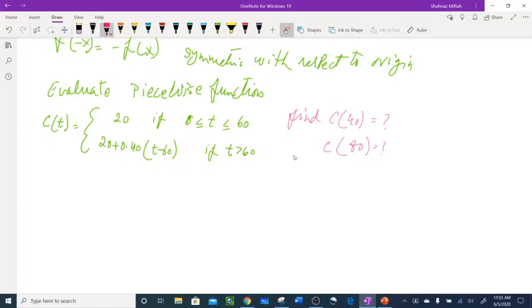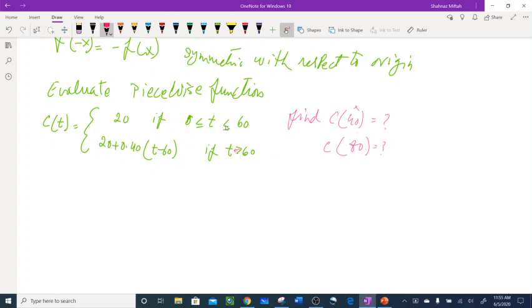Pay attention here. For C(40), I have two pieces in this piecewise function. So how do I figure it out? I know C(40) means I have to plug 40 into the function. But where? You have to check your restrictions really, really carefully. This one says t is greater than 60, so 40 doesn't fit in here.